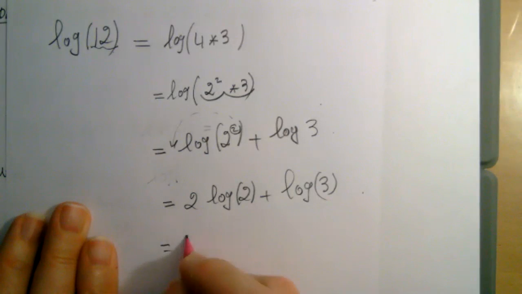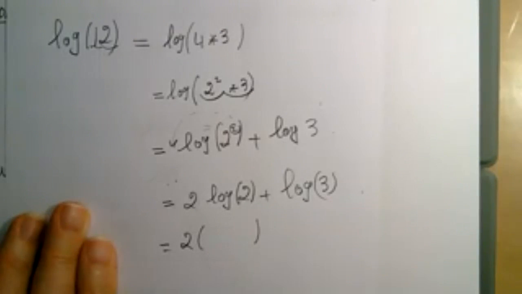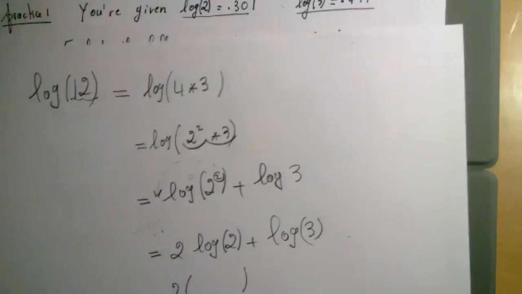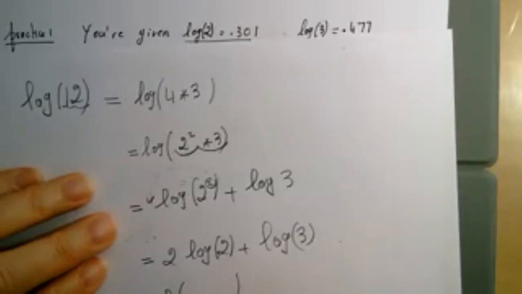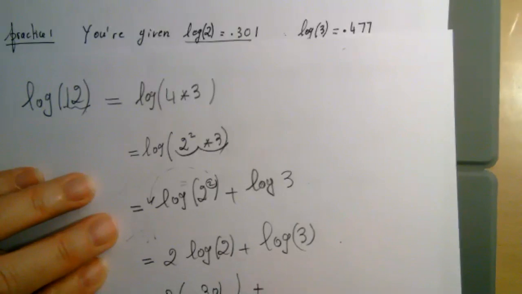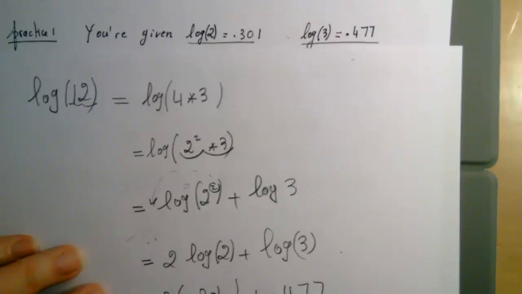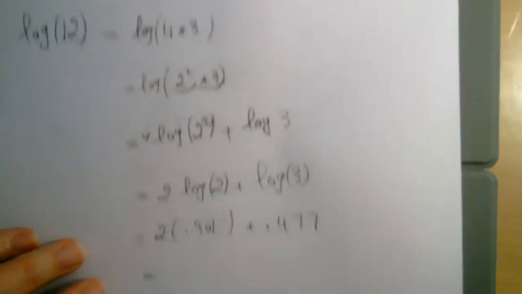And I'm done because log of 2, I gave it to you, which is 0.301. Log of 3, I gave it to you, 0.477. And now I just add and multiply.